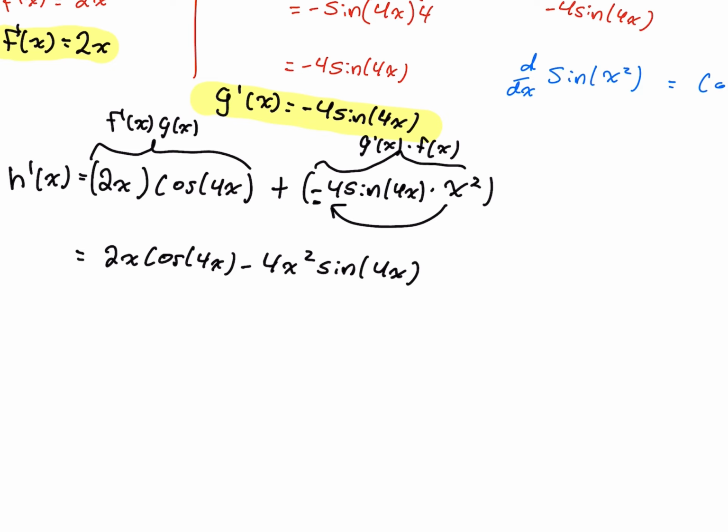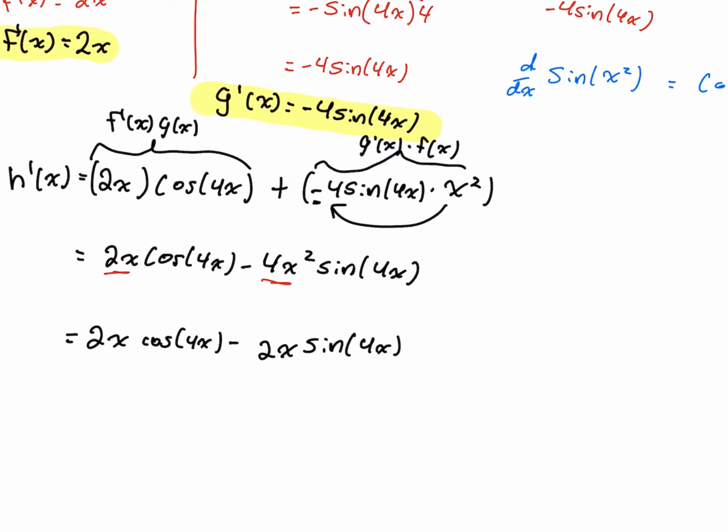And we can actually pull a 2x out of this term. So let's do 2x, cosine 4x minus 2x sine 4x.